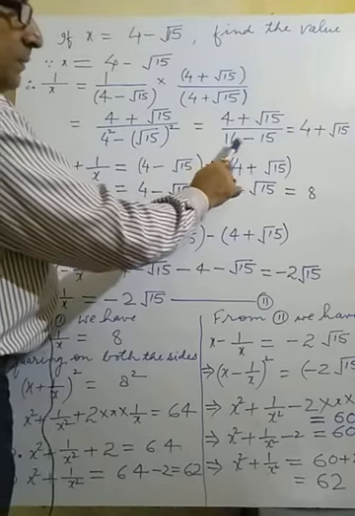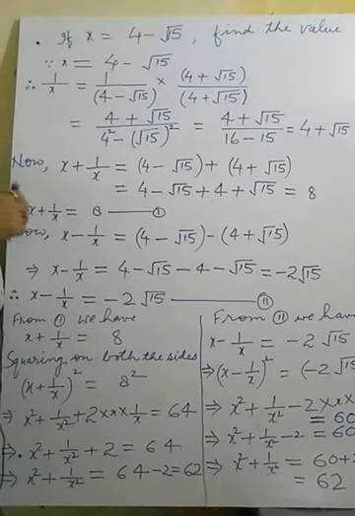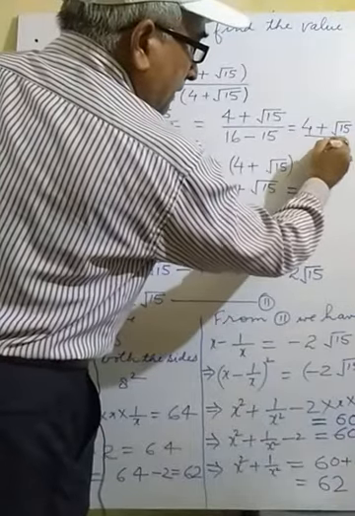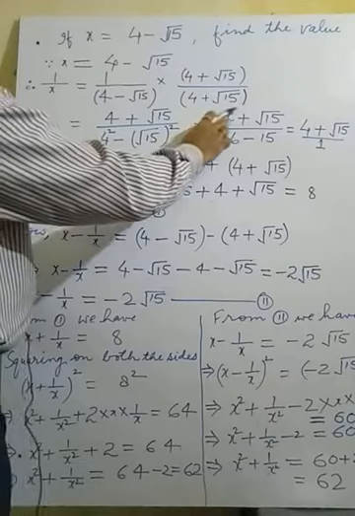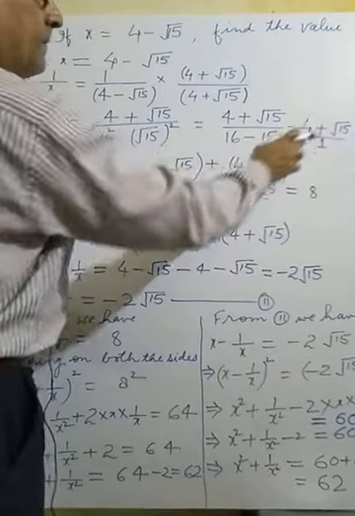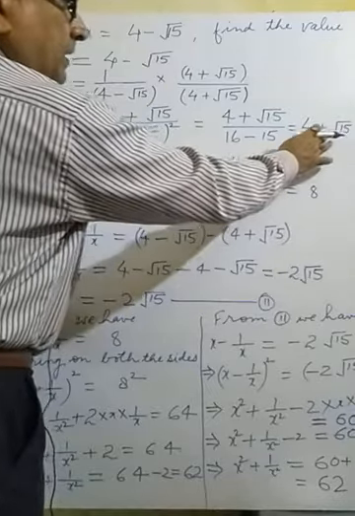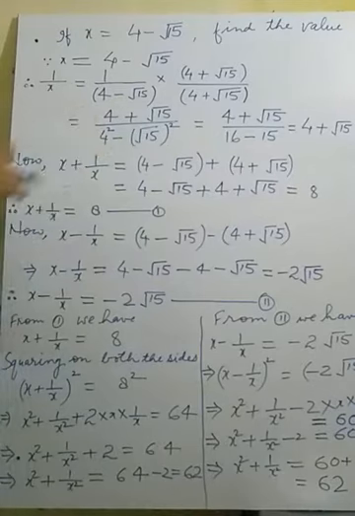So this is 16 minus 15. 16 minus 15 will become what? It will be upon 1, and anything upon 1 is not written. So this will be noted down 4 plus under root 15 and 16 minus 15 is 1, and upon 1 is not written. So this will be simplified form of 1 upon x.